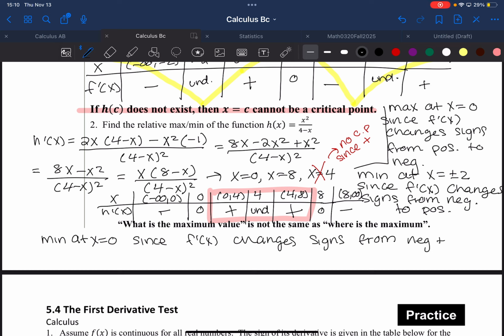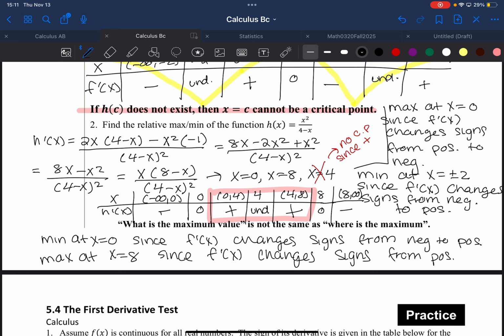Negative to positive, and then a maximum at x equals 8 since the derivative changes signs from positive to negative.